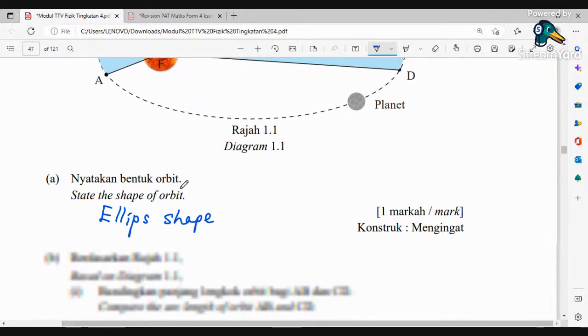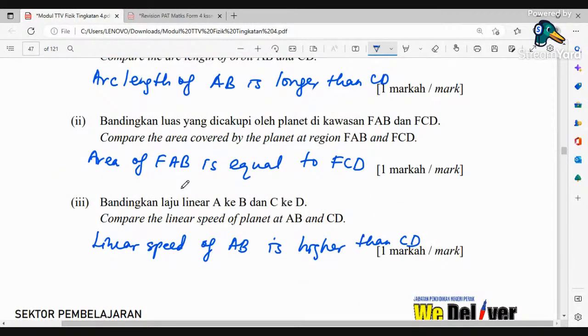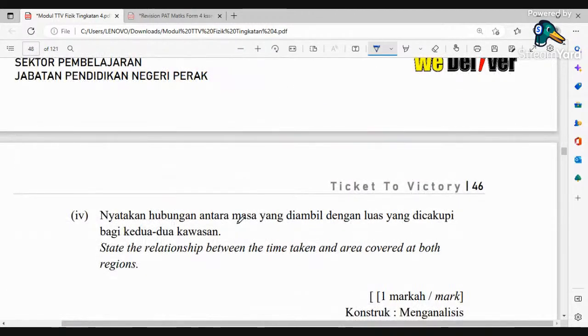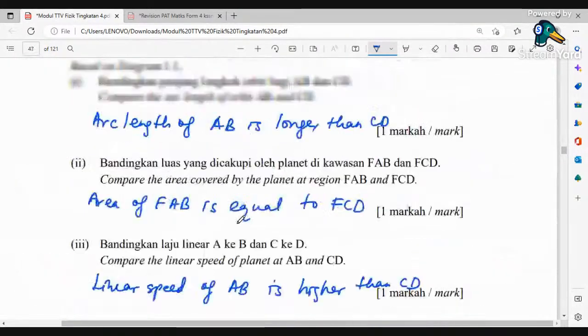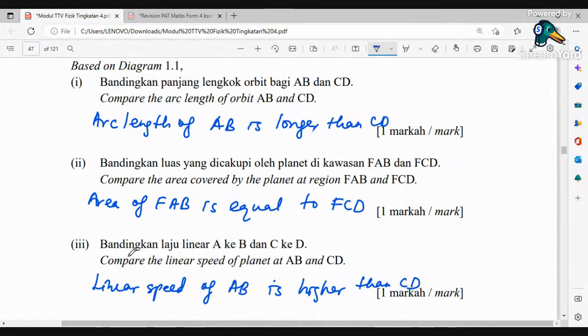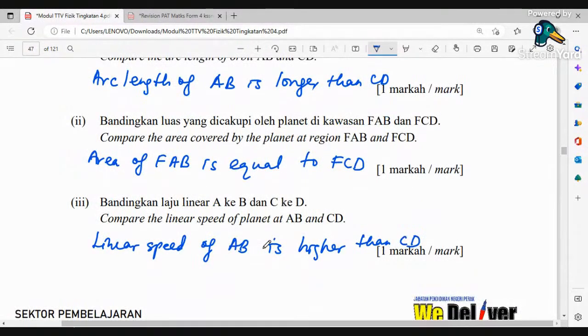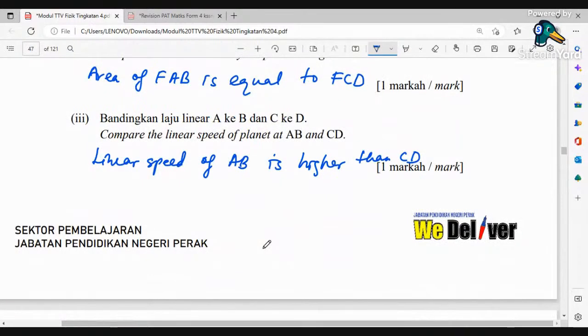Okay, now we go to the next one. This one you get 3 marks. Okay, we go to the next one. State relationship between time taken and area covered at both regions. Okay, so if this one, area same, linear speed is higher, area is same.